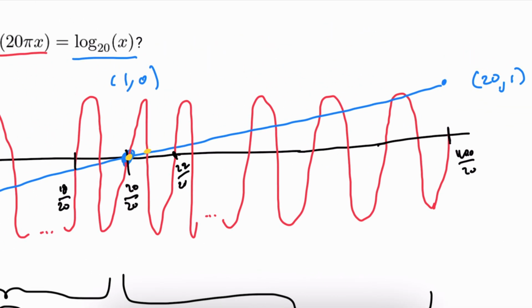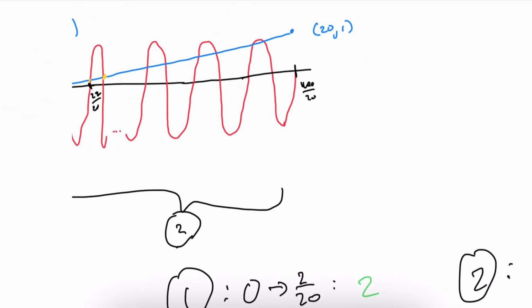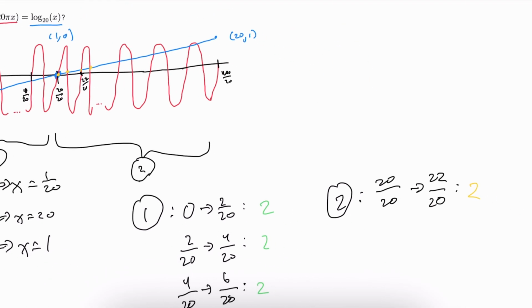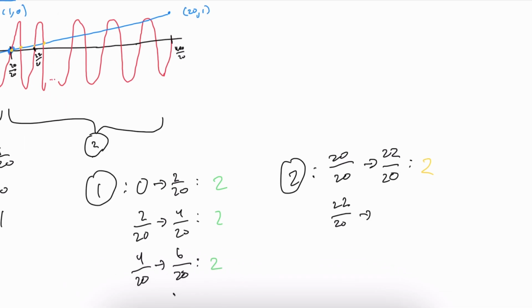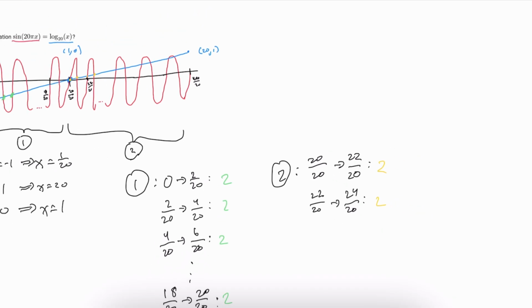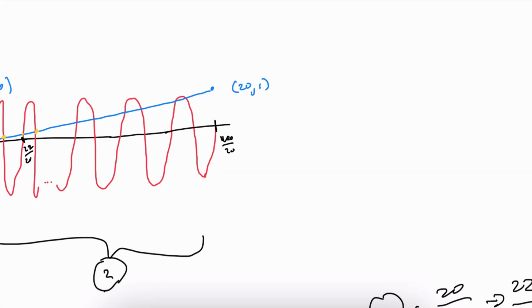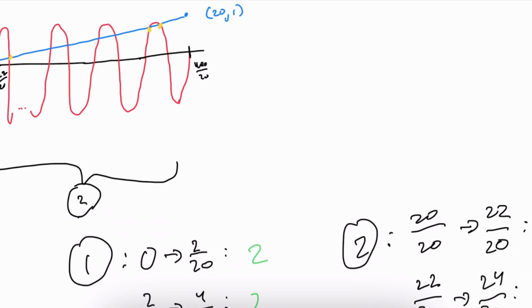And then this next period, we'll have, again, two intersection points. So from 22 over 20 to 24 over 20, we'll have two. And again, this pattern will continue all the way to our last period right here, where we'll again have two intersection points.